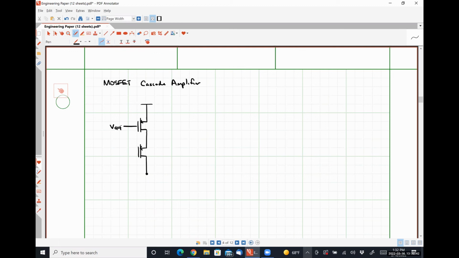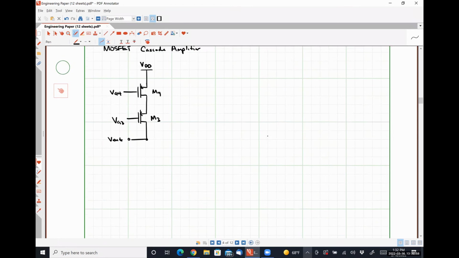Let's call this VG4 for transistor M4, VG3 for transistor M3. This is VDD up here. Here's our output voltage, V out.